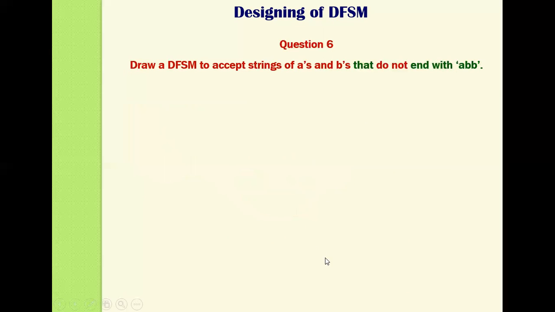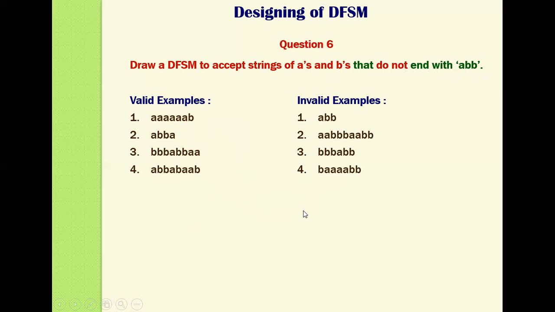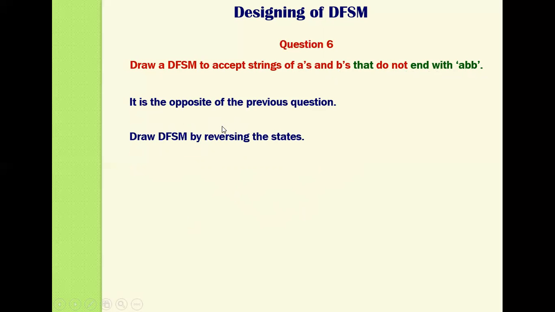So the next question is the same thing, but that do not end with ABB. It is similar to the previous question, but that do not end with ABB means it is just the reverse of the previous question. So what we need to do is just reverse the states.